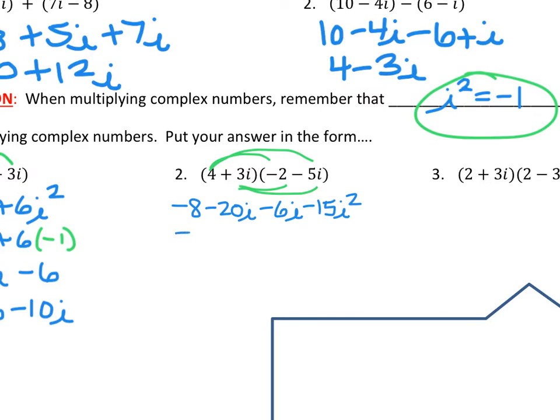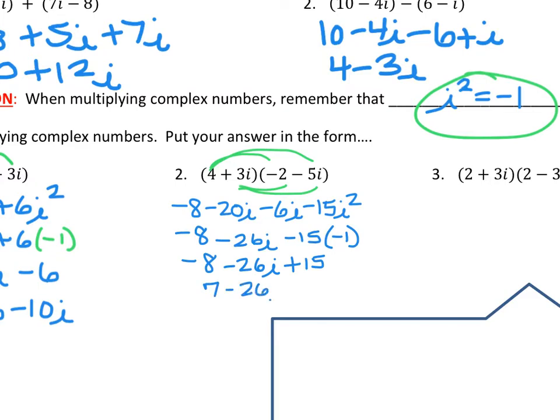Okay, so I've got negative 8. I'm going to combine these two terms. I've got negative 26i. And then this negative 15i squared is negative 15 times a negative 1. It's real. So I've got negative 8, negative 26i. This turns into positive 15. Combine negative 8 and positive 15, our real parts together, and I got 7 minus 26i.